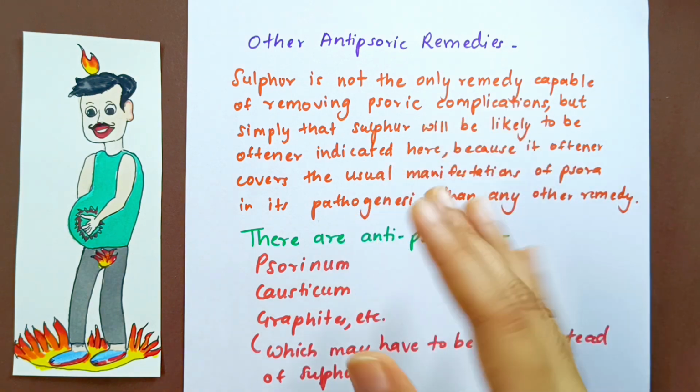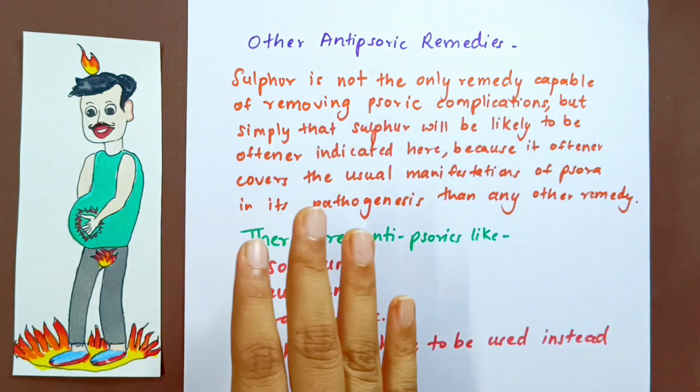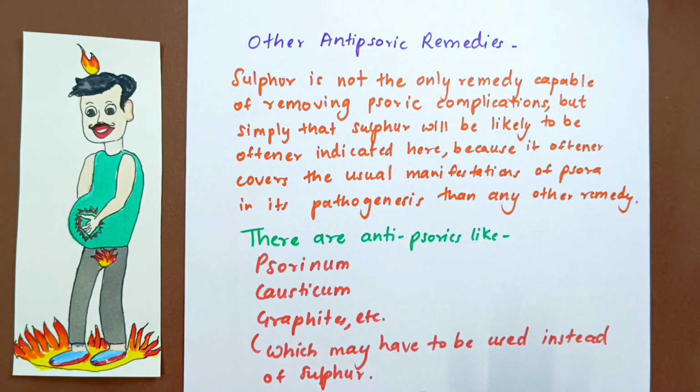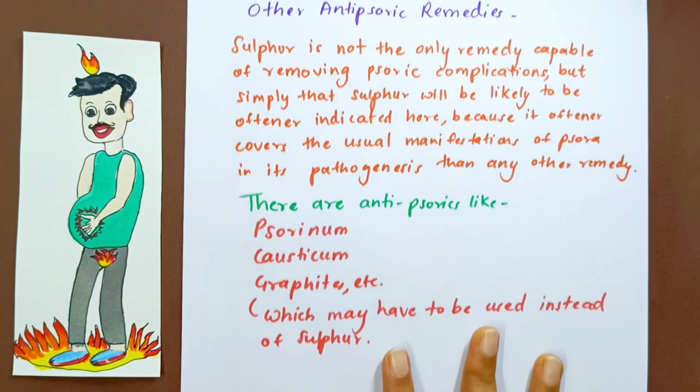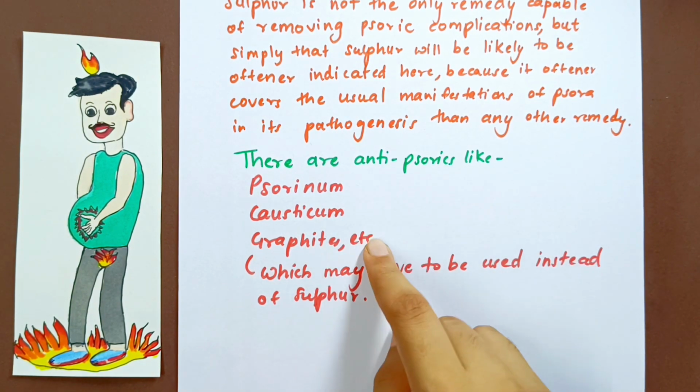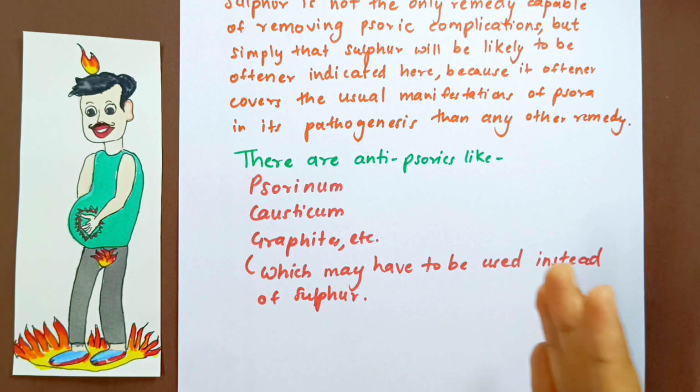You will see the symptoms of sulfur in the patient here or there, and then you will think that sulfur is the antipsoric remedy for this patient. But there are also other antipsoric remedies like Psorinum, Causticum, Graphites, and these might need to be used instead of sulfur if you have the symptoms of these remedies.